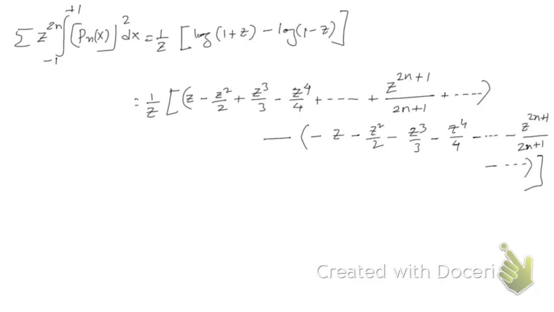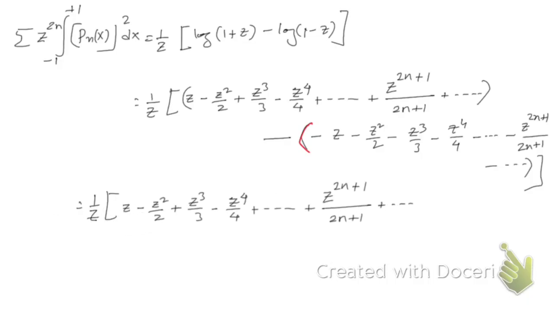These are infinite series. Here you see, in this case, if we open this bracket, then we end up getting this. Let me write here 1 by z. First let me copy the first part of this bracket.